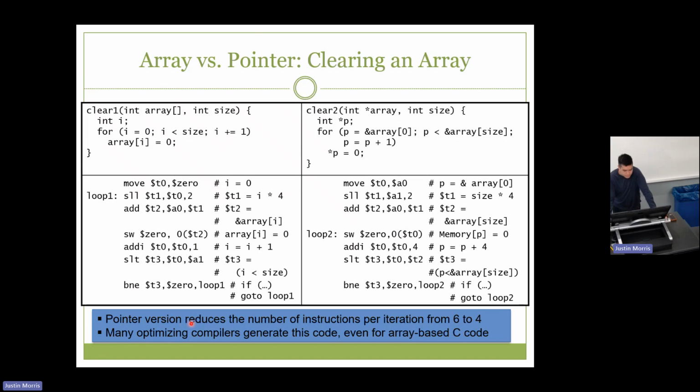So the pointer version reduces the total number of instructions per iteration from 6 to 4. And one thing that you can keep in mind is that almost all optimizing compilers will generate the pointer code. So even if you write code in the array indexing form like this, the compiler will turn it into this. So if you like coding like this, you can continue coding like this.